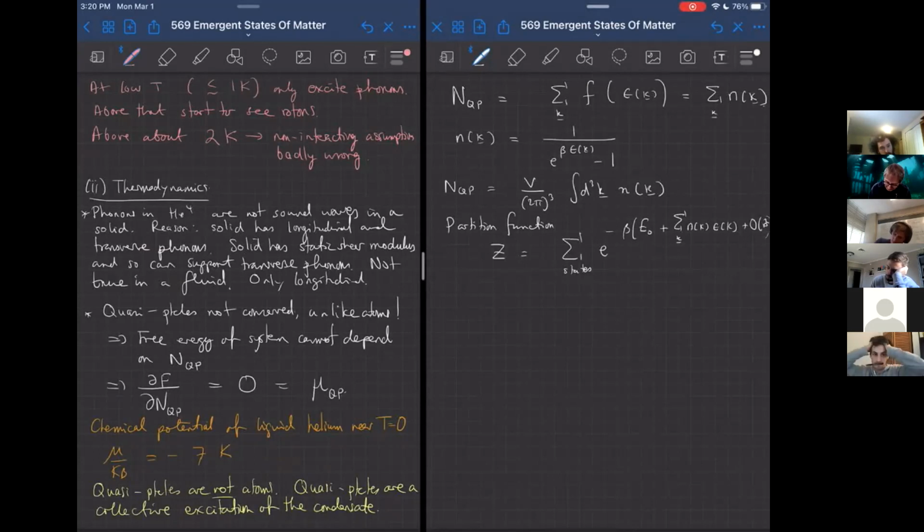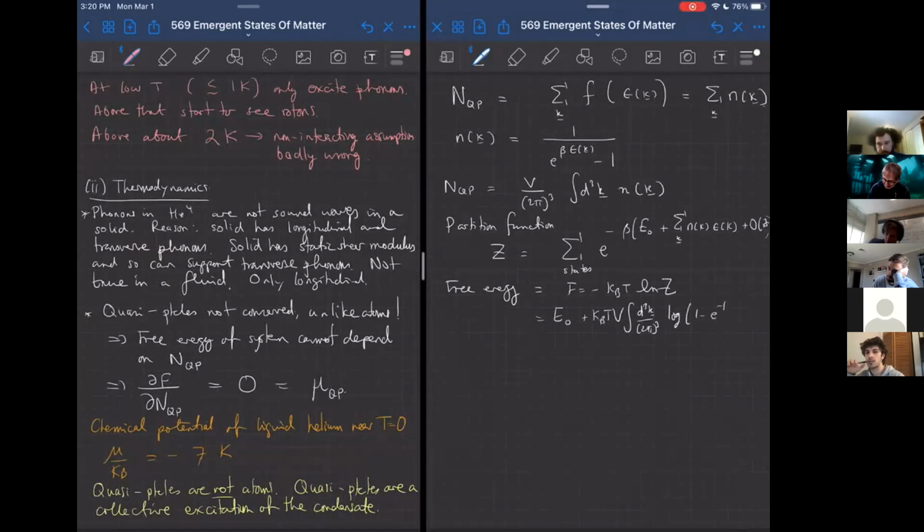And then the free energy of the system is just F equals minus k_B T log Z, and I can write that as E_0 plus k_B T V times the integral d^3k over (2 pi)^3 times the log of 1 minus e to the minus beta epsilon(k).